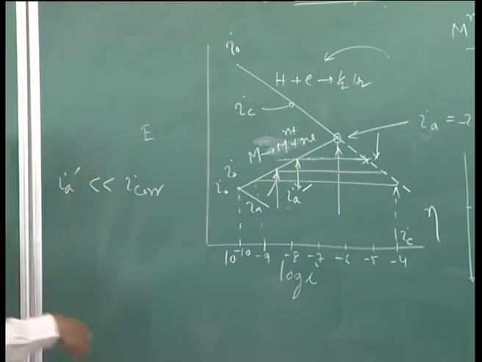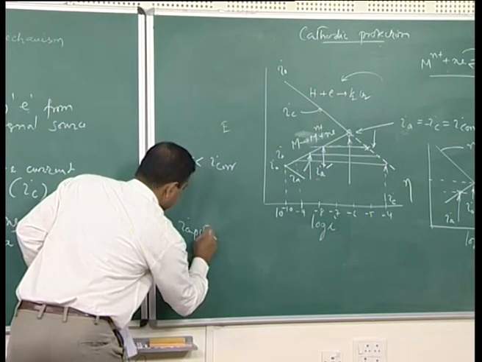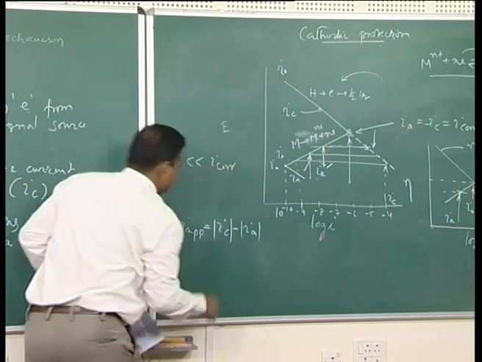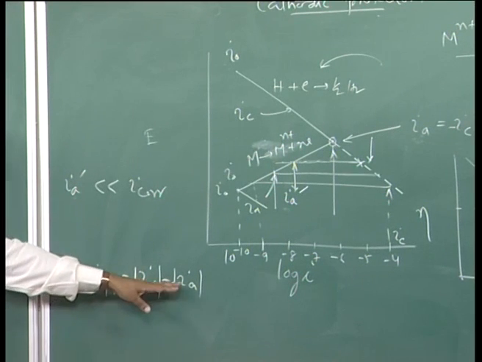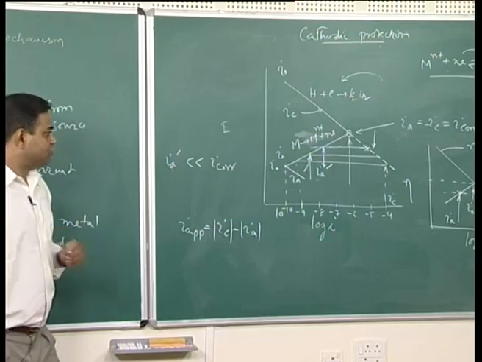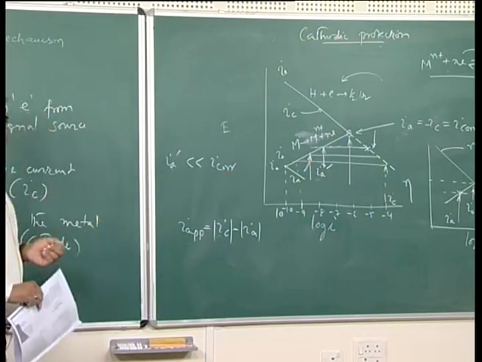So, what would be my applied current? Since we have seen that I applied is nothing but the modulus of I_C minus I_A. I am putting a mod sign because we are just taking a difference between I_C and I_A, which is the I applied. As we go down, my I applied is increasing to a great extent.